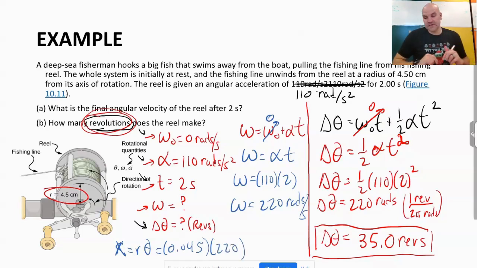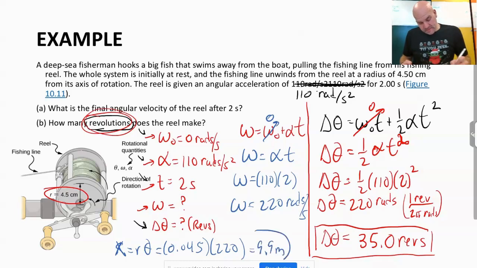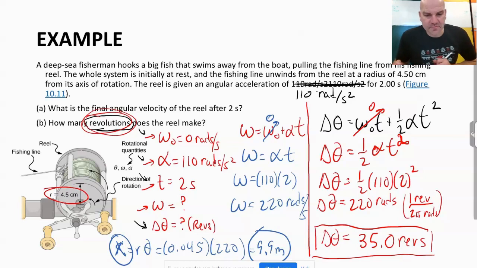Now remember, in this equation you would have to use your radians measurement, because our SI unit is radians. And I need to do this quick calculation because I didn't solve for this, since it was just a simple add-on. If you think about it, that fish pulled almost 10 meters of string out, which is okay because there's almost half a mile of string on that reel. So it's all good. All right.